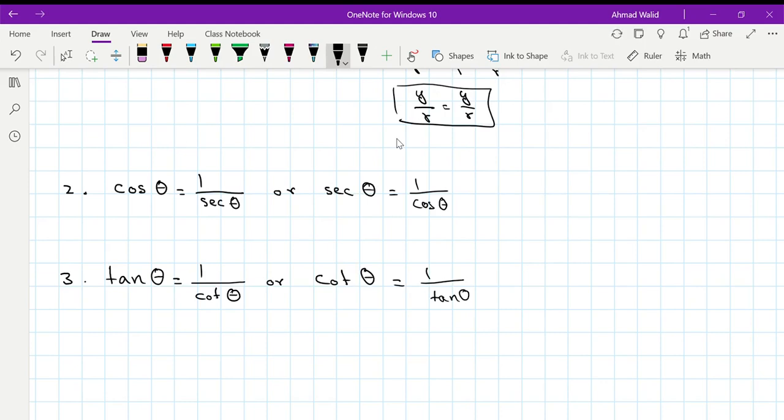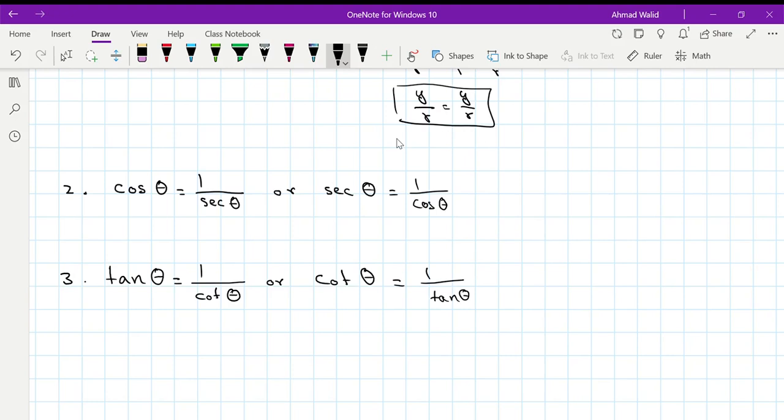These three, with this side, we call them reciprocal identities. Correct? We will use them in future because in future you are not using too much x, y, and r. Usually we deal with identities. Starting now, you have to memorize them. Actually, not memorize them, but understand them.